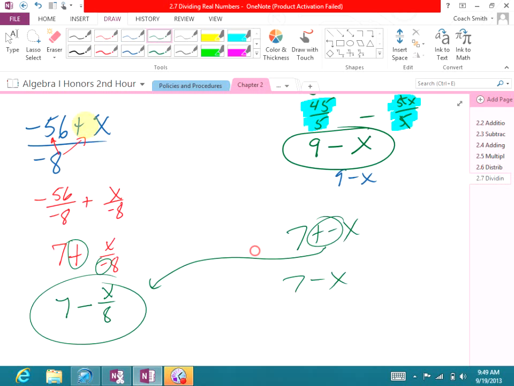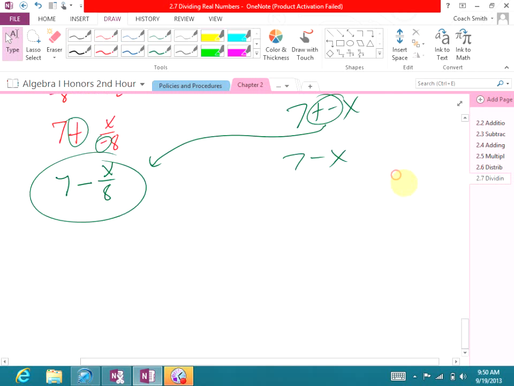Okay, because of that sign right there. I just brought that sign down. If that would have been a minus sign, it would have just said minus. All I'm doing is splitting the two things up, and I'm putting an 8 on each one of them, on each of the bottoms.